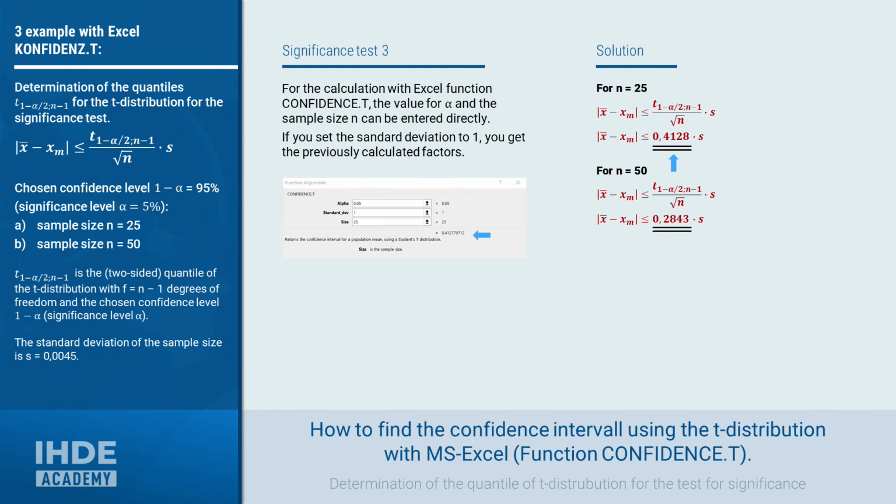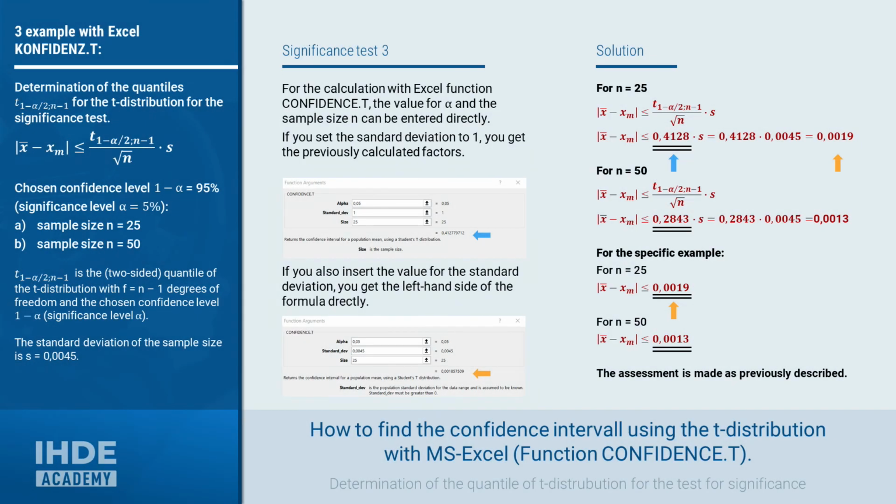The value for the significance level of alpha is 5% and can be entered directly in the input field with 0.05. As expected, the underlined values are the same as we had just in the previous example.